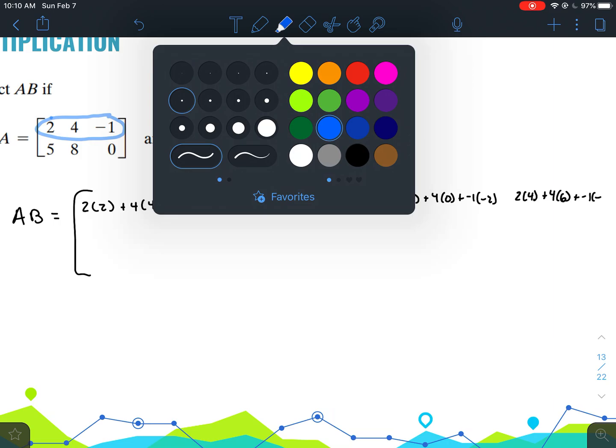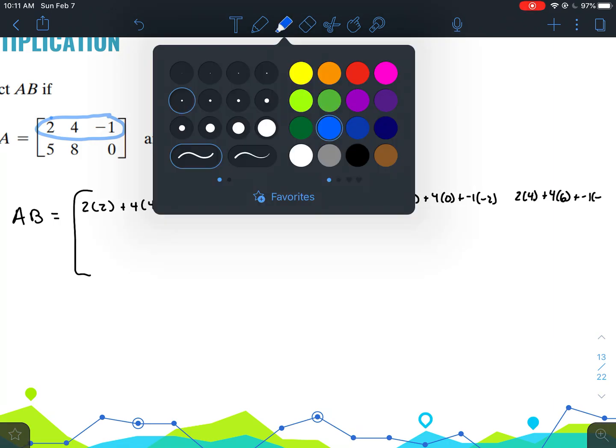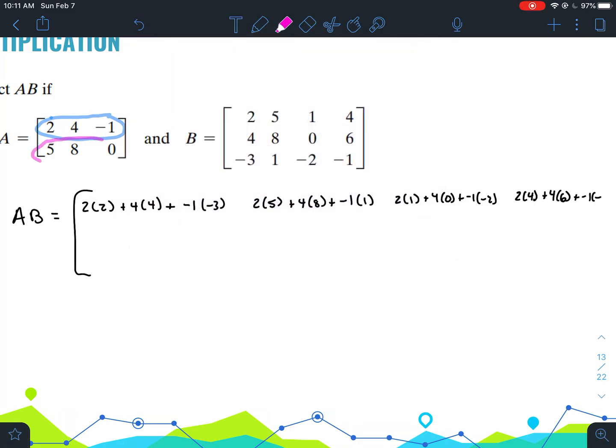All right, so then we're going to do the exact same thing, except this time we're going to use the second row in matrix A and multiply it by every column in matrix B. So we're going to do 5 times 2 plus 8 times 4 plus 0 times -3.